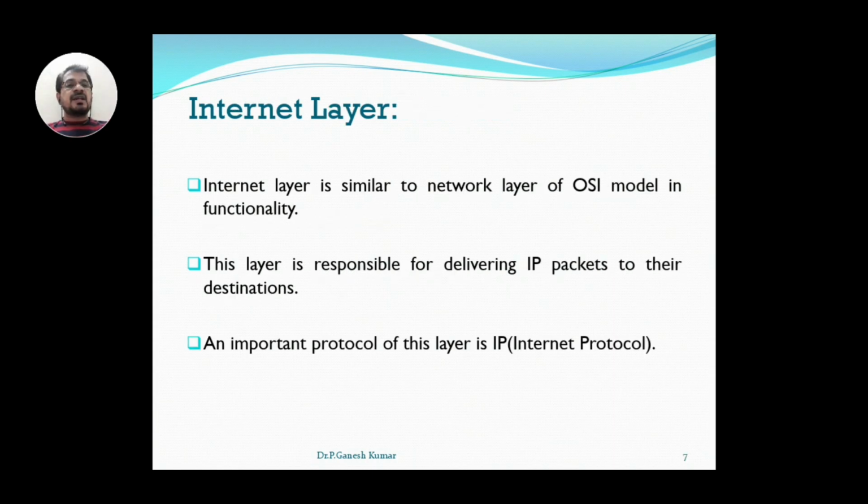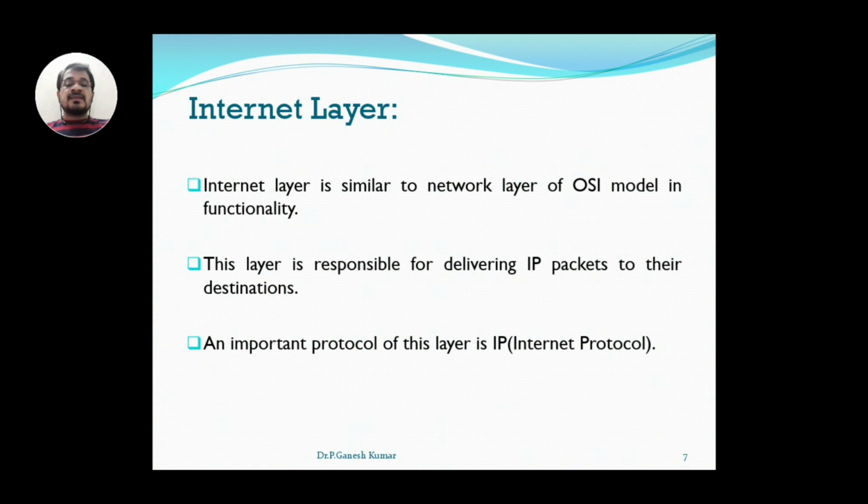Next, the internet layer. The internet layer is similar to the network layer of the OSI model in functionality. So just to recap, the OSI reference model network layer is responsible for forwarding the packets from the source network to the destination network.